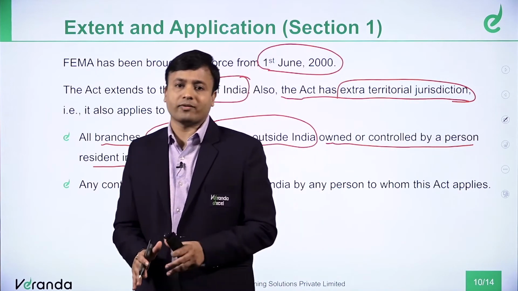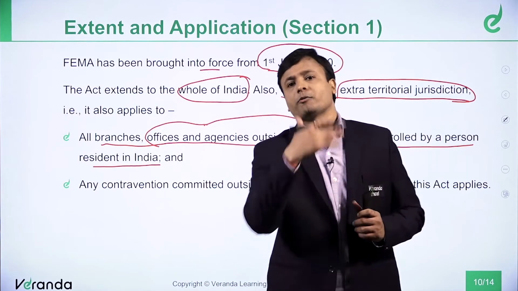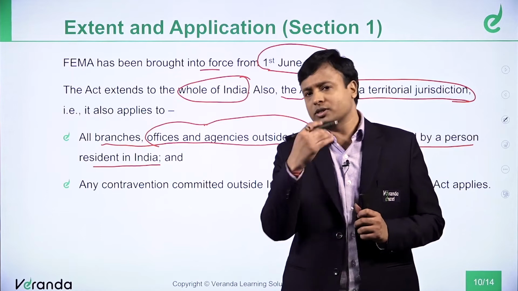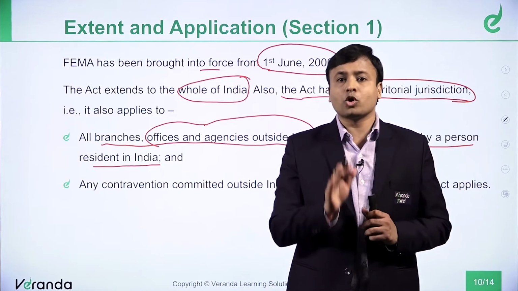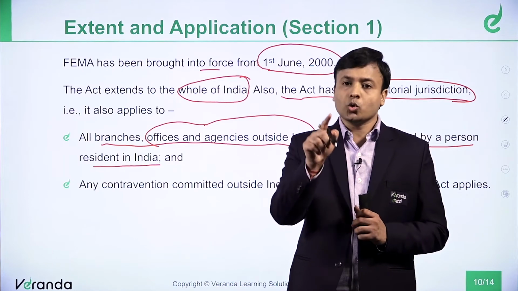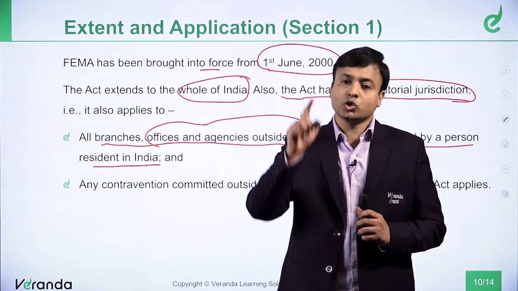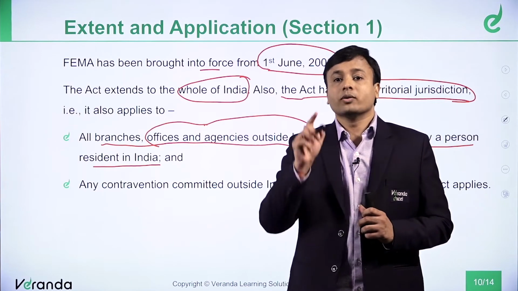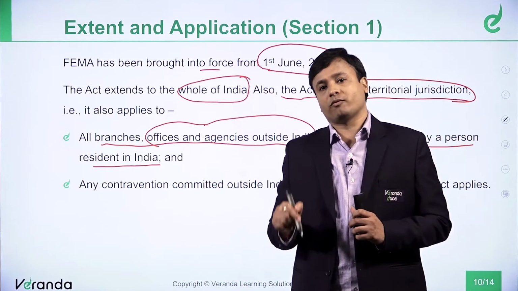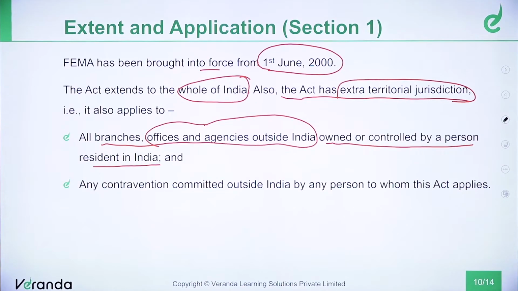Suppose you are having a company in India and you have a branch in Singapore. That office is owned by you. Since it is owned by you, and you are a person resident in India, the branch which you own in Singapore will also be applicable to Fema, and will also come under the surveillance of this act.